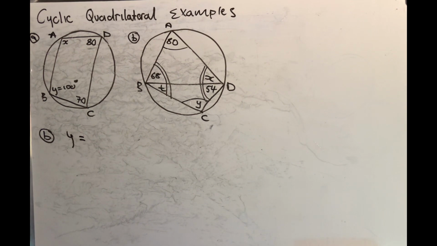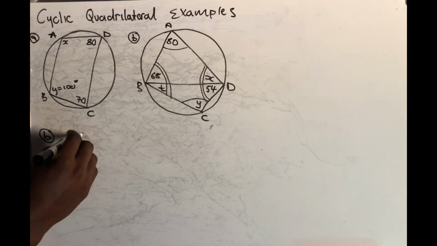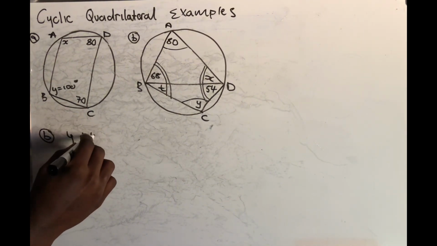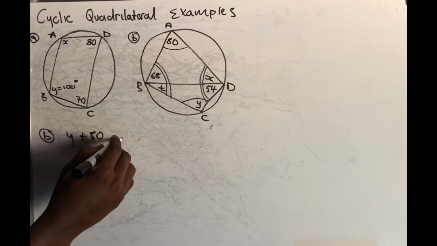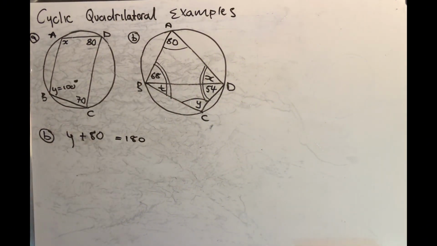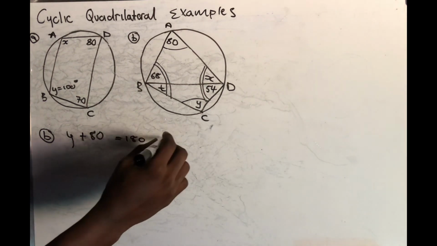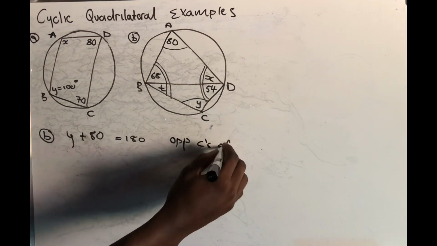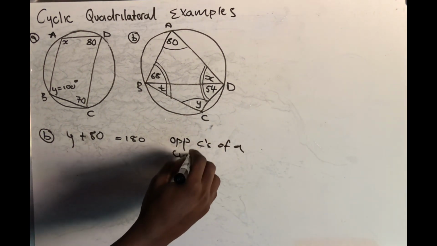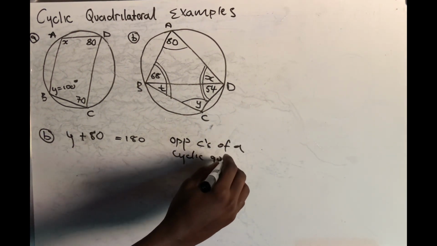y plus 80, you get 180. What's the reason? Opposite angles of a cyclic quad.